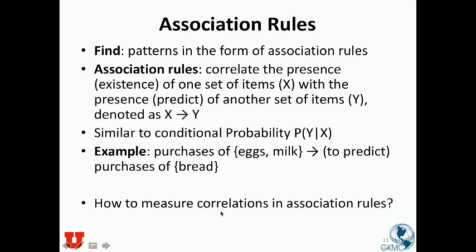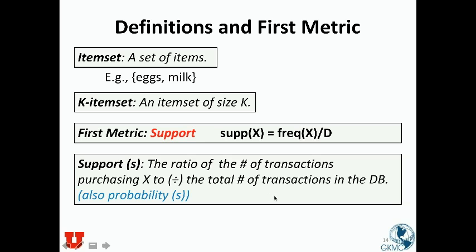Here it is a measure of correlation between the items on the left-hand side of the association rule and the items on the right-hand side of the association rule. Okay, so the first metric is called support. SUPP stands for support.